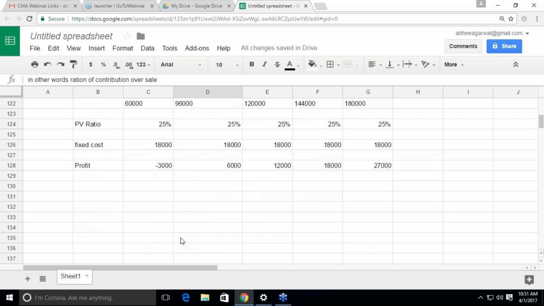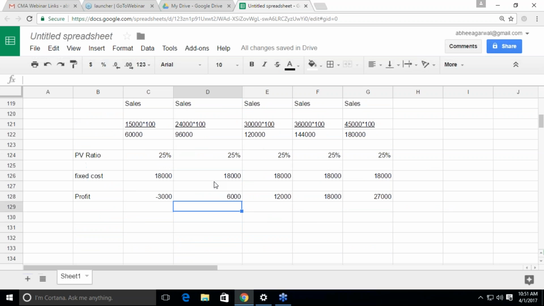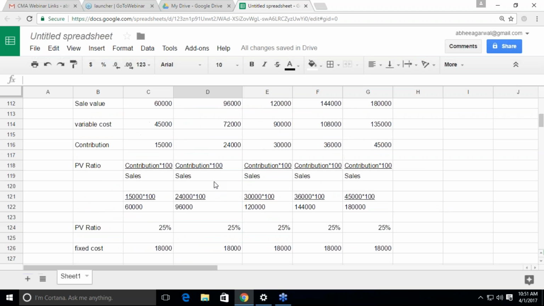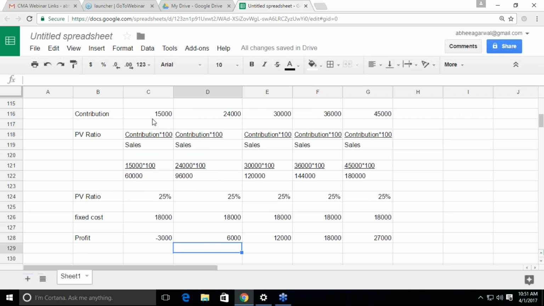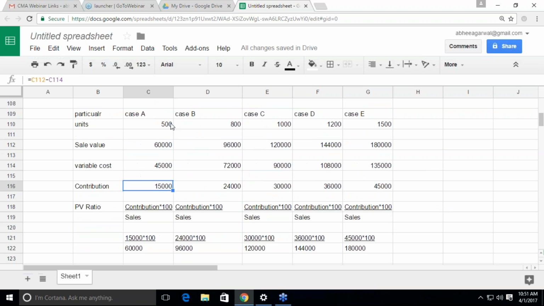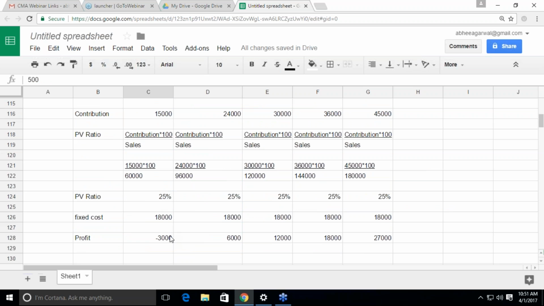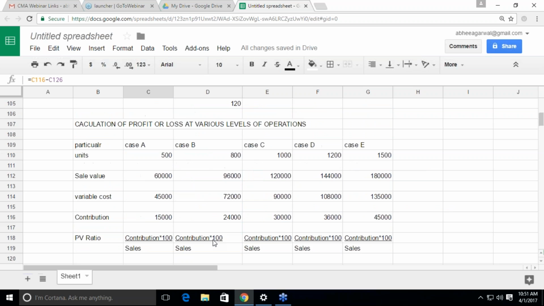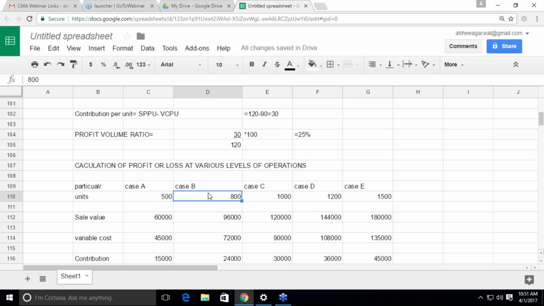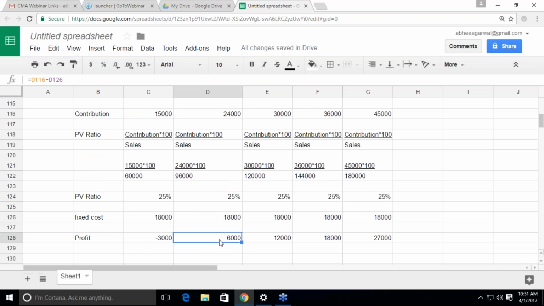Okay. See, now we can see that in the current example, if I'm producing 500 units, I'm getting 3,000 rupees loss. If I'm producing and selling 800 units, then I'm getting a 6,000 rupees profit.